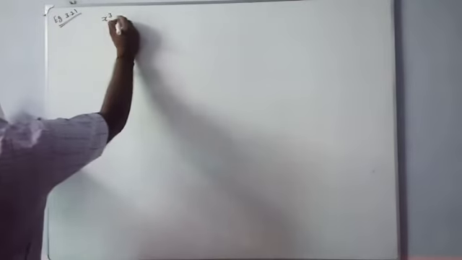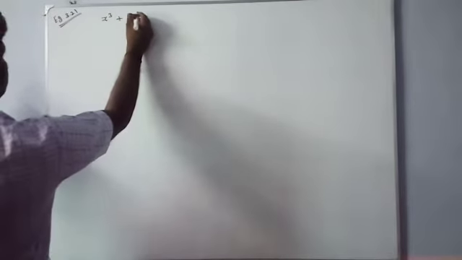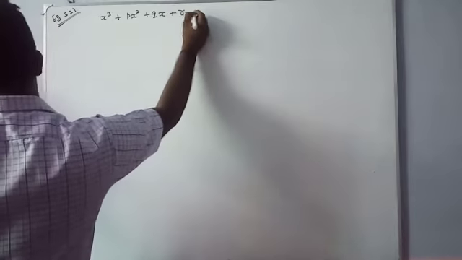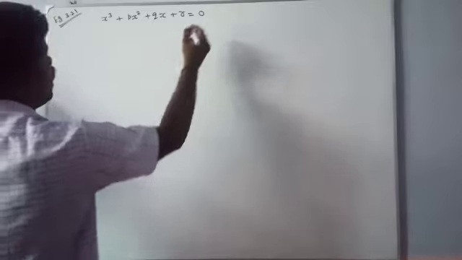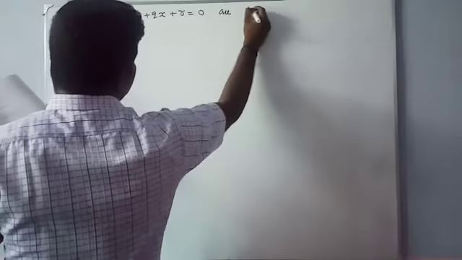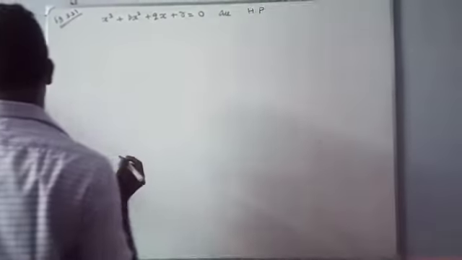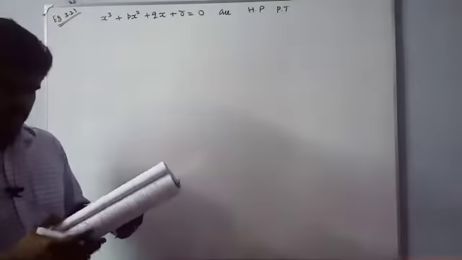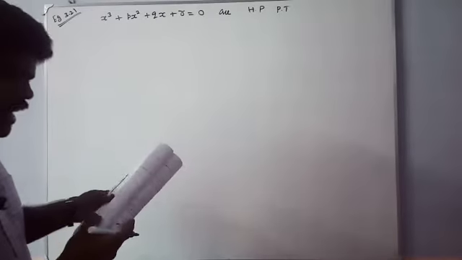If the roots of x cube plus px squared plus qx plus r equal to 0 are in HP, prove that. Example 3.21 has a mistake in the book.